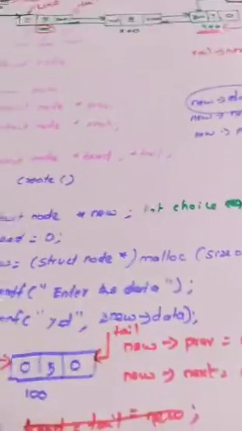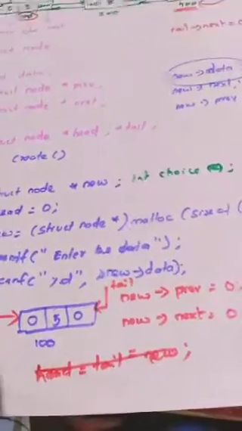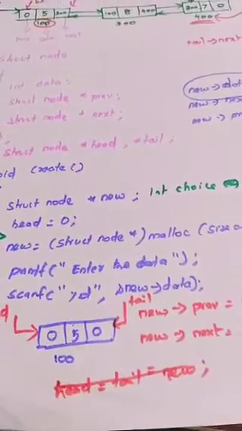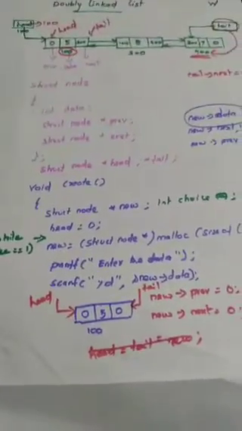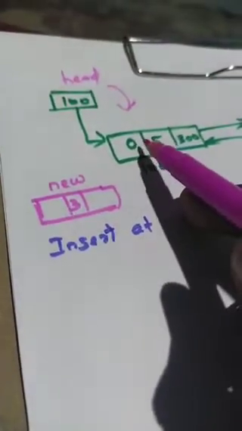See, the creation concept is completely the same, so we don't want to disturb this. Let me explain with the diagram. Using the same logic, here I have the diagram. Look, this is the first node. I want to insert a new node here, at the beginning of the list.